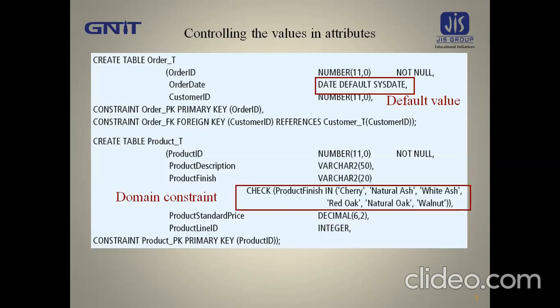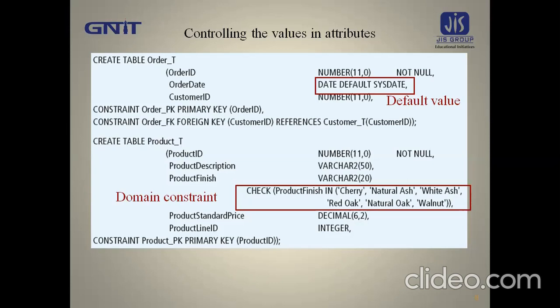So this is how we can control the values, because dates can have different formats like DDMM or MMDD or different formats. So which format the user is going to follow, we don't know. So by default, we are ensuring that the system date will be the order date, right?